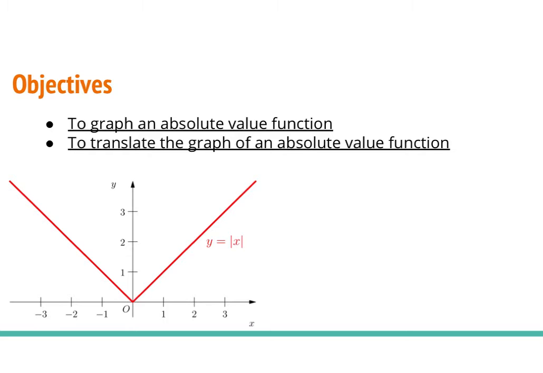Roy, give me something. It's a negative and a positive line. Giancarlo, give me something.